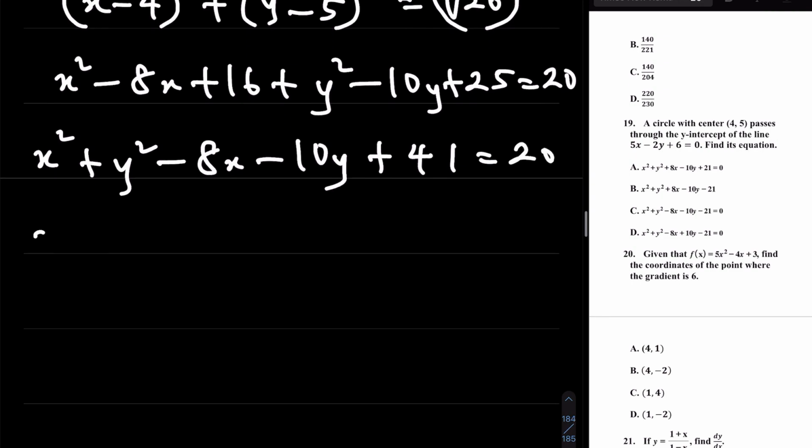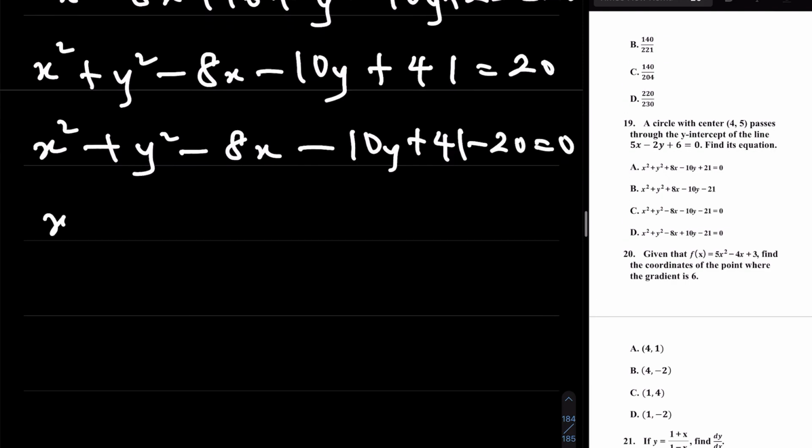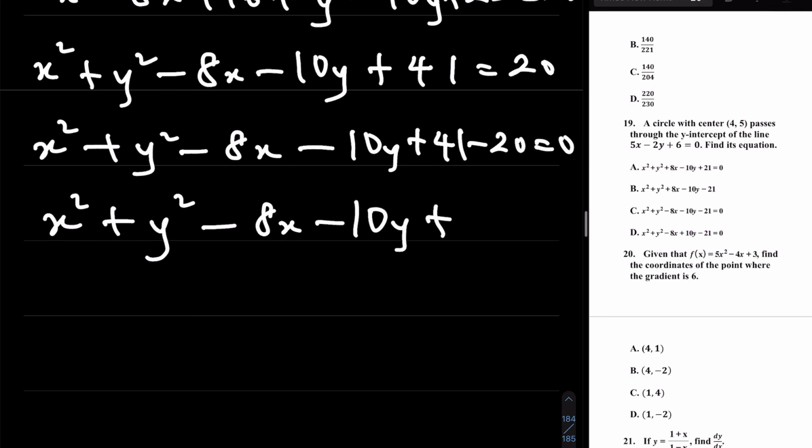And that simply means x squared plus y squared minus 8x minus 10y plus 41 minus 20 equals 0. Therefore the equation of the circle is x squared plus y squared minus 8x minus 10y plus 21 equals 0.